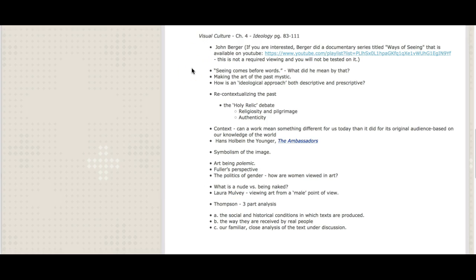So he says seeing comes before words. What did he mean by that? He talks about making the art of the past mystic and how this is an ideological approach and how this can both be descriptive. It can help us describe a work of art, and be prescriptive. It can help us prescribe meaning to a work of art. He talks about recontextualizing the past, and that kind of goes along with making art of the past mystic and this whole holy relic debate that he goes into.